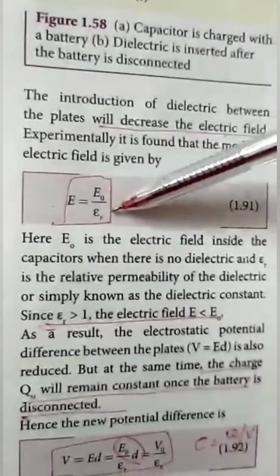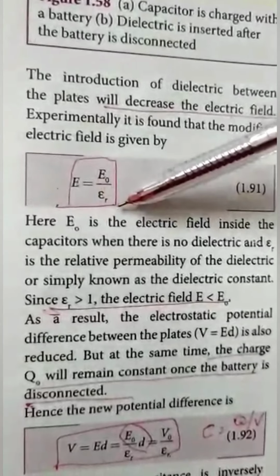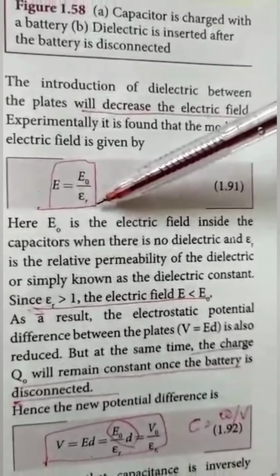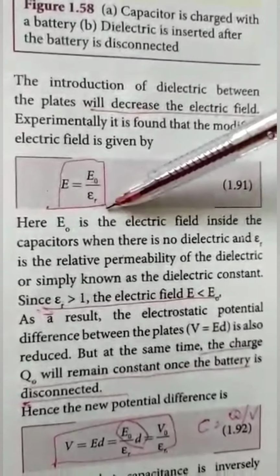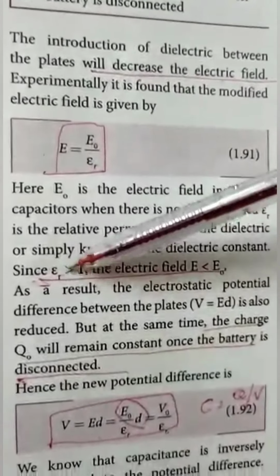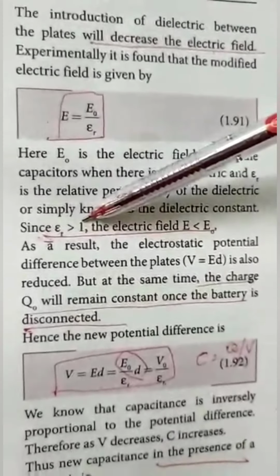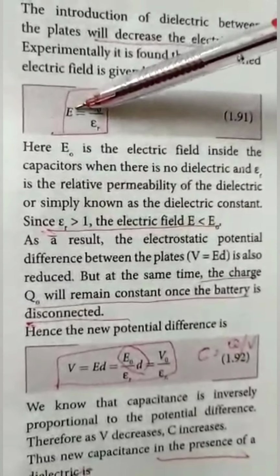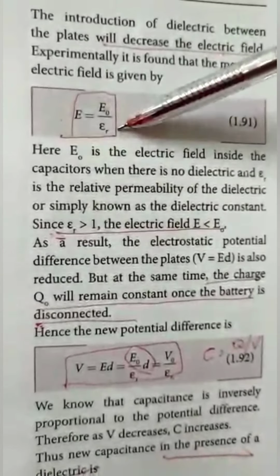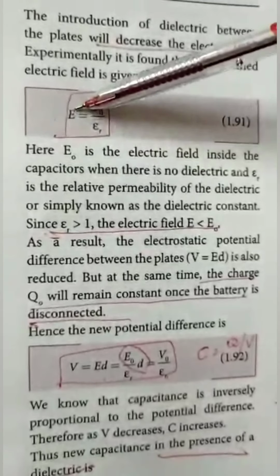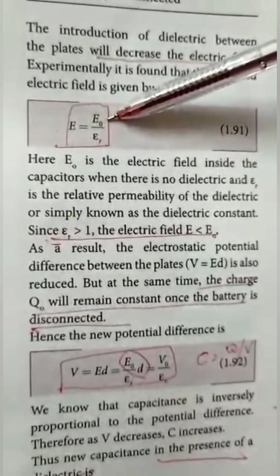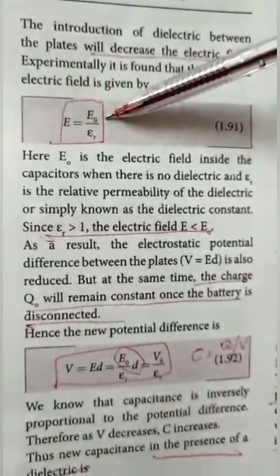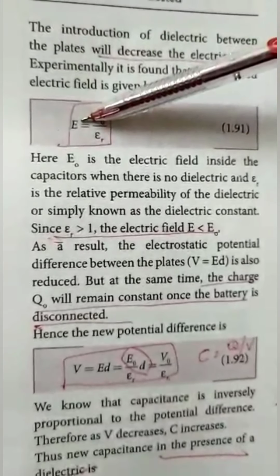E is equal to E naught by epsilon r. You know epsilon r is relative permittivity, or you can call it the dielectric constant. Since epsilon r is always greater than 1, from this formula E is less than E naught. What does it mean? After introducing the dielectric, the electric field will decrease.